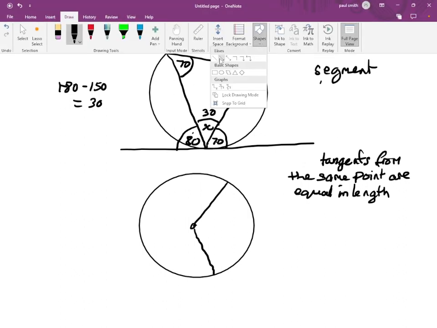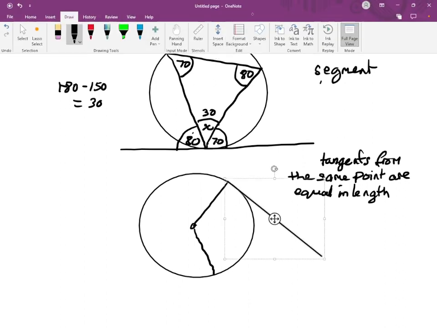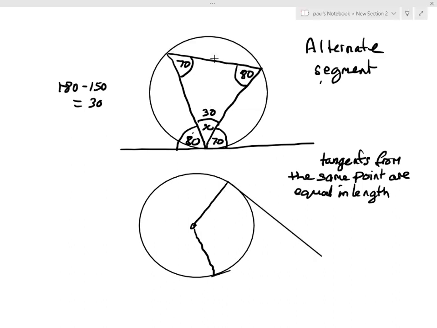I'm going to have to draw it in two parts to keep it straight. Okay, let's just extend that and extend that one.